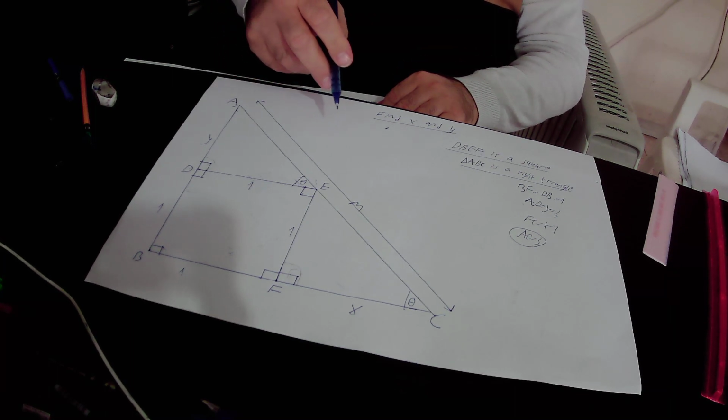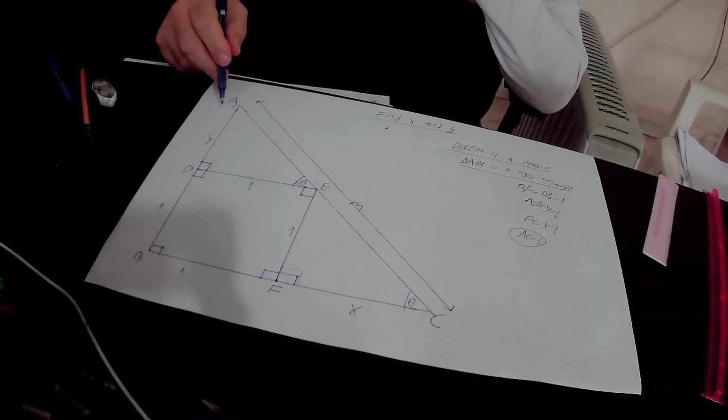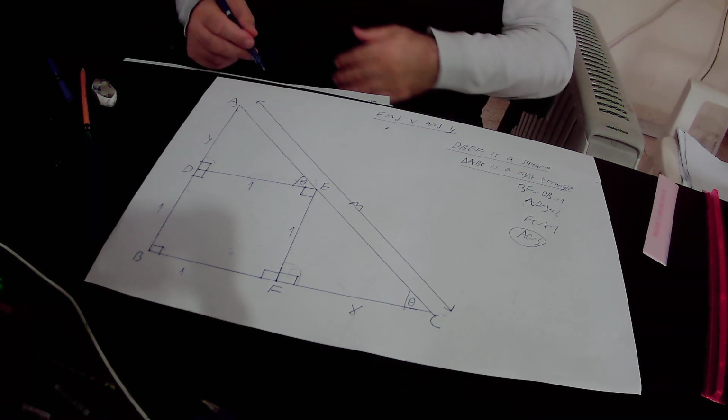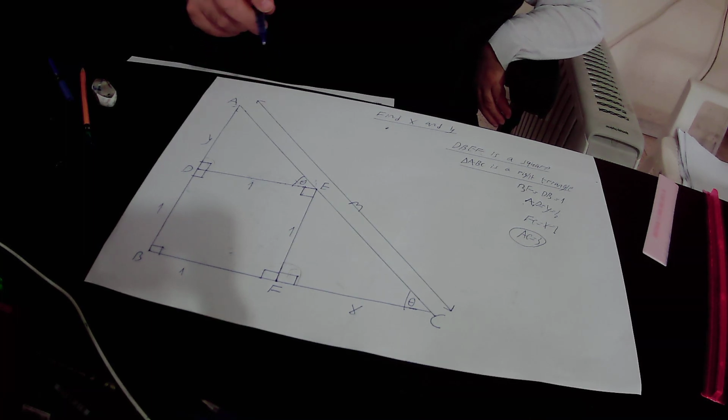AC equals 3, so AC squared will be equal to 3 squared, that is 9, and it equals AB squared. AB equals y plus 1, so AB squared will be equal to (y plus 1) squared, plus BC squared.